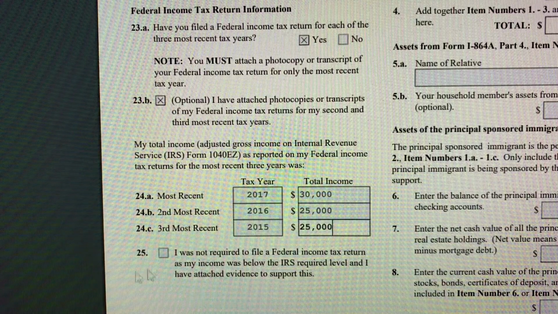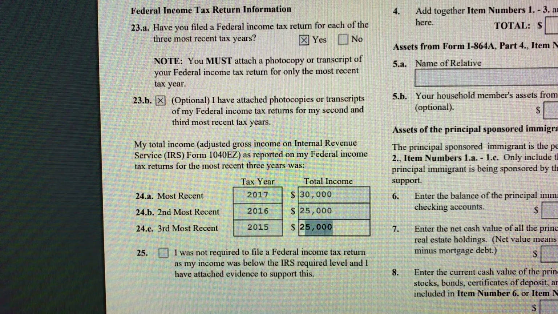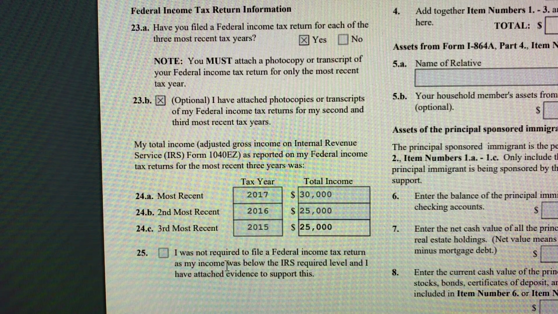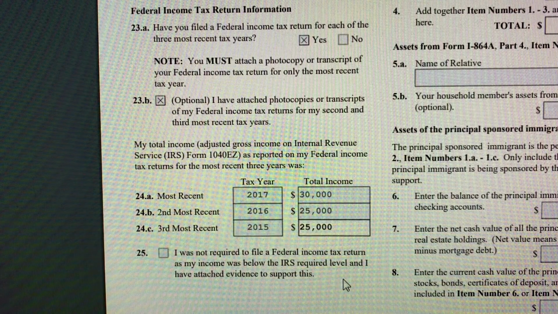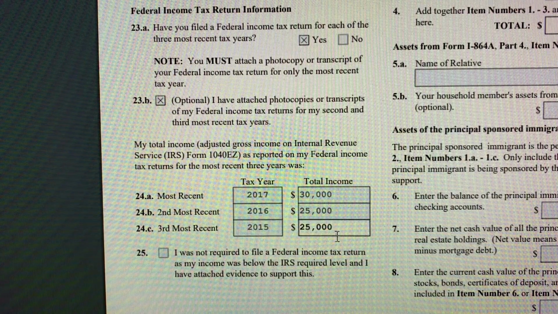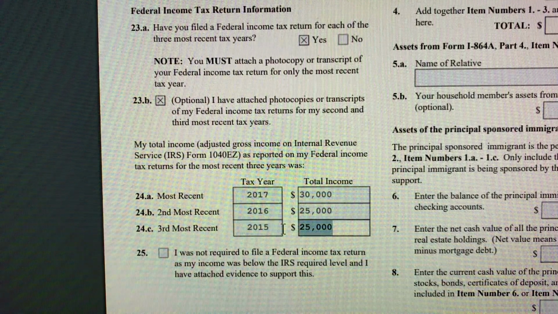So this is optional, guys. If you didn't file for anything, you just leave it blank. I was not required to file a federal income tax return as my income was below the IRS required level, and I have attached. So these are for people who didn't make enough, who didn't get to file.